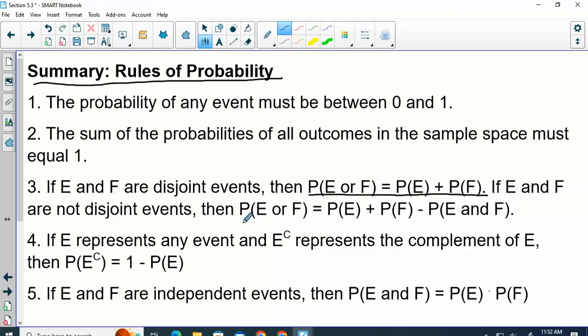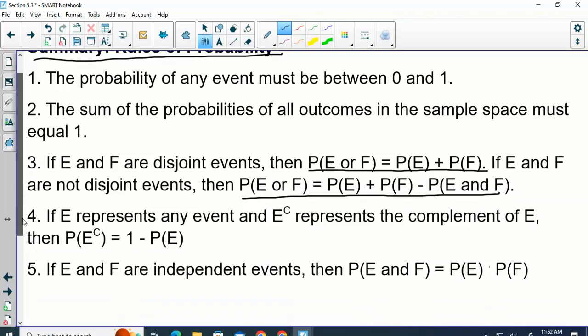If they're not disjoint, we have to subtract off the overlap, subtract off the E and F. We know that the complement is the opposite of our event, so that's 1 minus our probability. And we have that if they are independent, the probability of both things occurring, we just multiply. Okay, so that's where we're at so far.